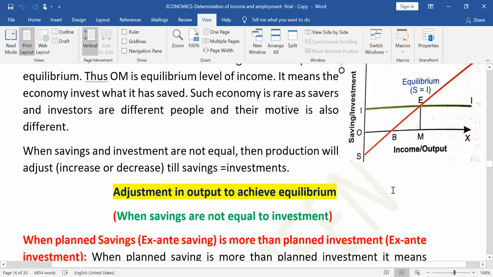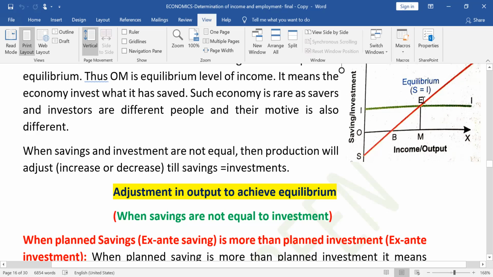Because aggregate demand is C plus I, so I, investment, we have derived from aggregate demand, and aggregate supply is C plus S, so saving we have derived from aggregate supply.